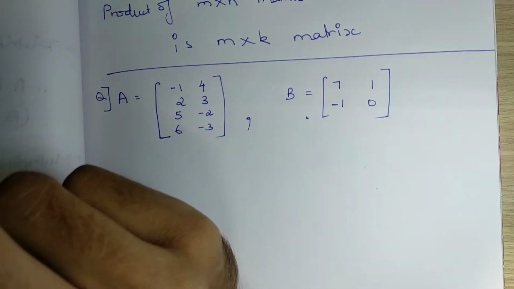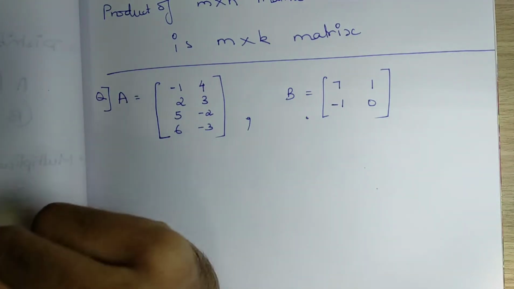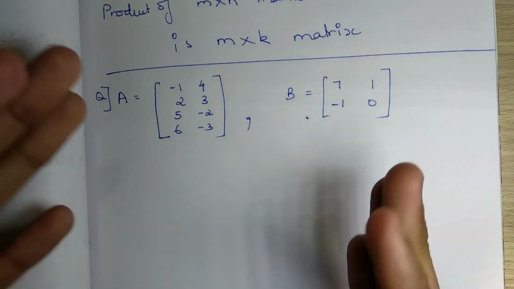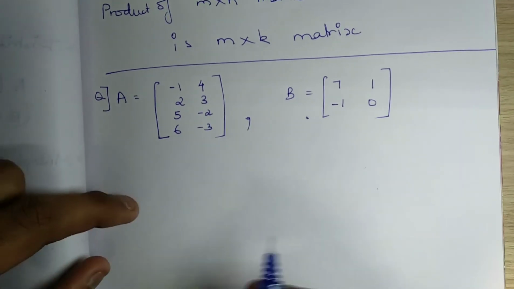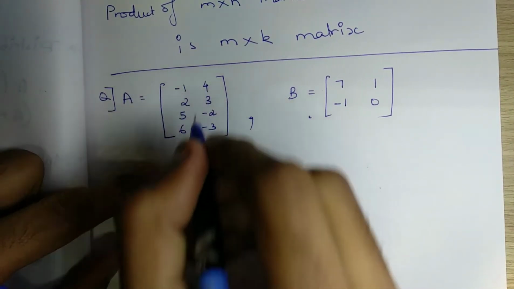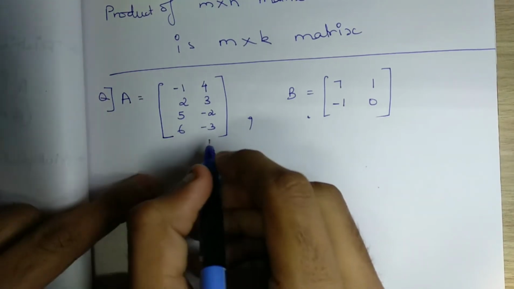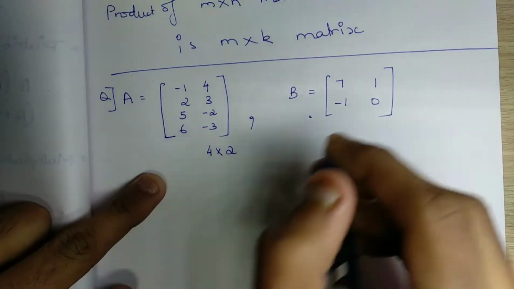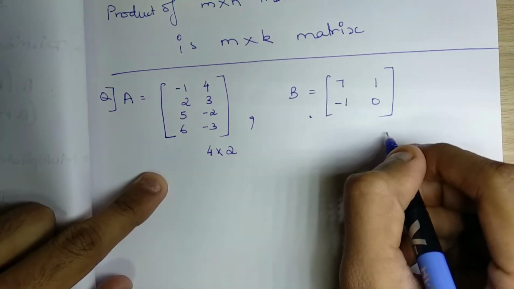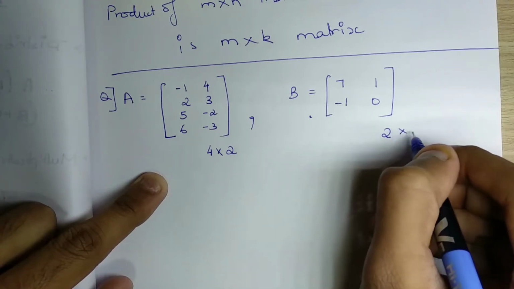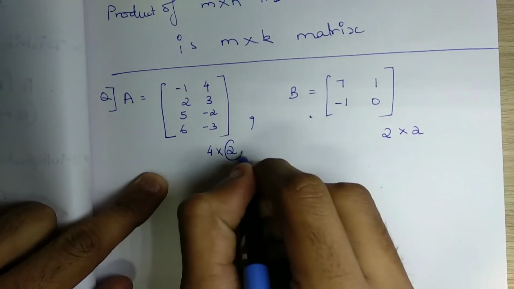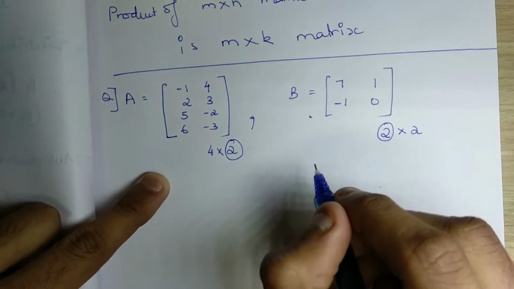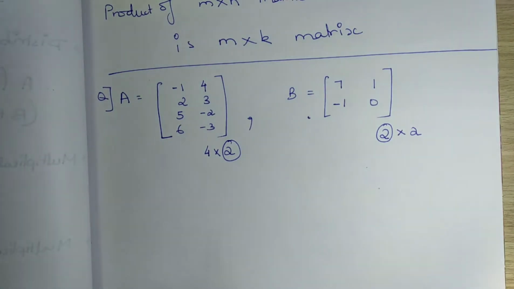The first and foremost work, as I told earlier, is to check whether the matrices are possible to multiply. According to the rule, A is a matrix of order 4 by 2, while B is a matrix of order 2 by 2. So the column of the A matrix is equal to the row of the B matrix. So it's possible. Let's proceed.